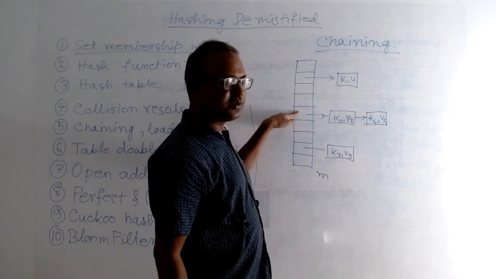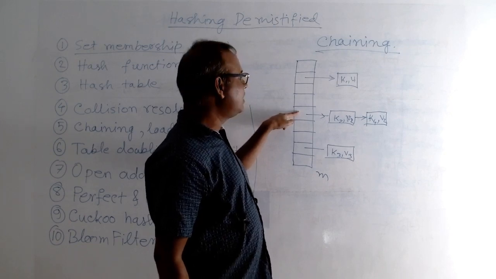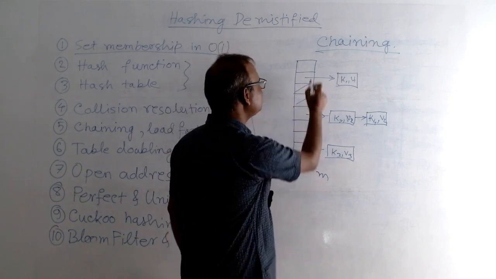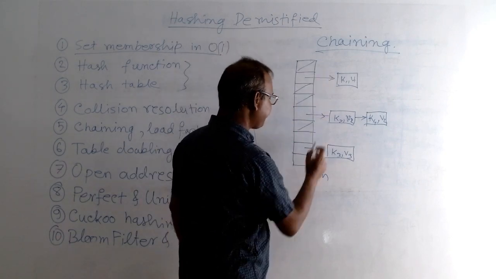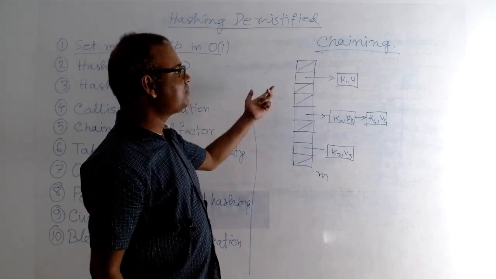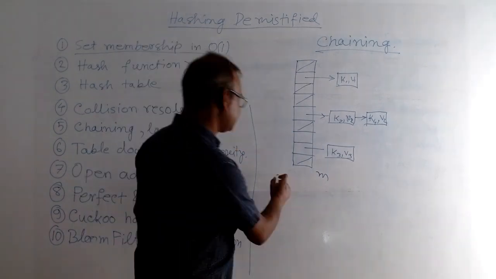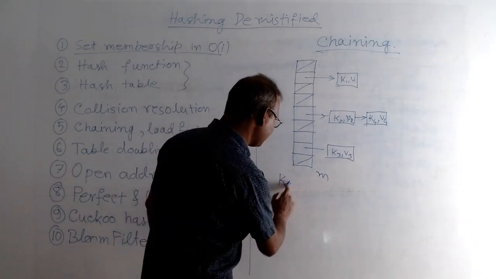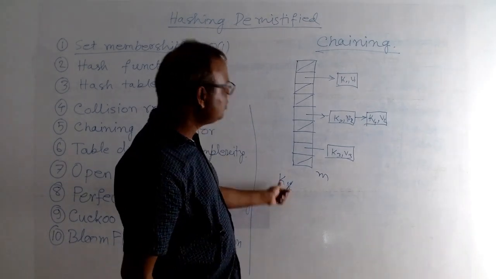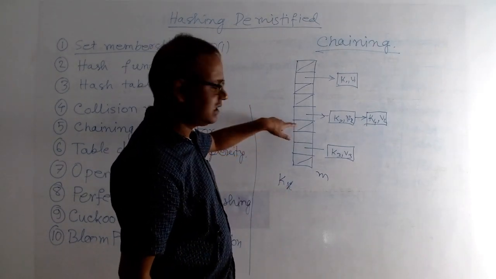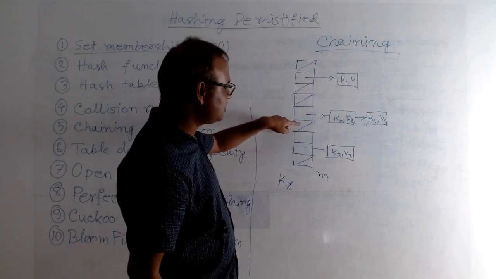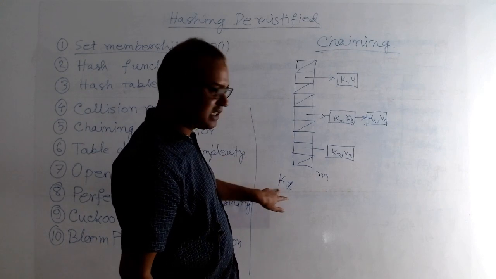Now how will the search process work? Suppose we are searching for some element kx. These positions are empty. If we find that the slot for kx is empty, then kx is not present.